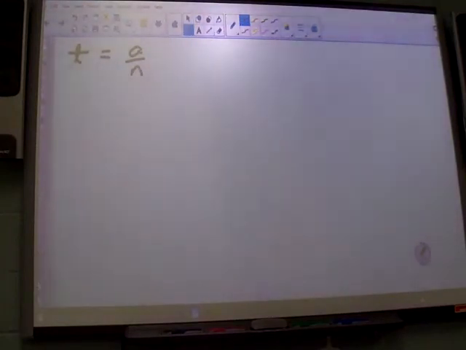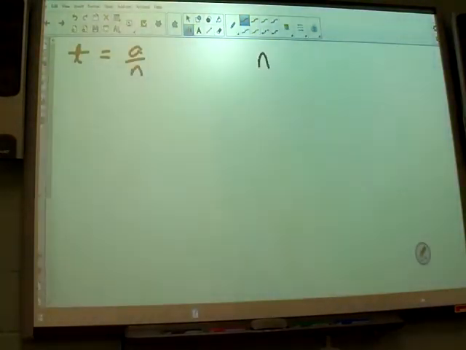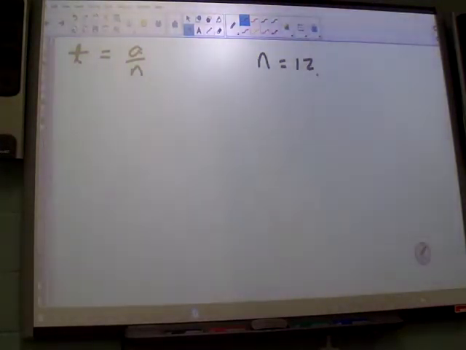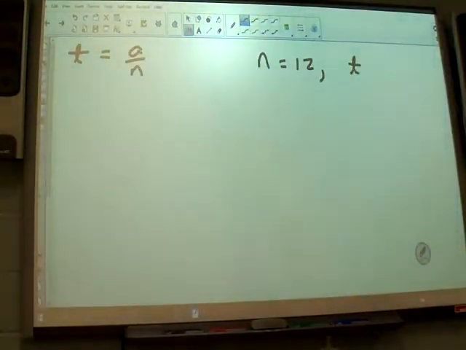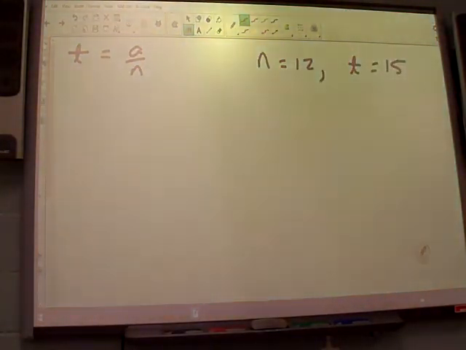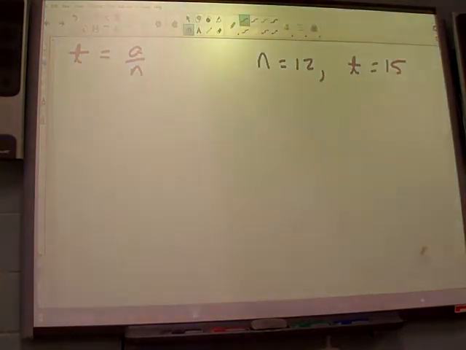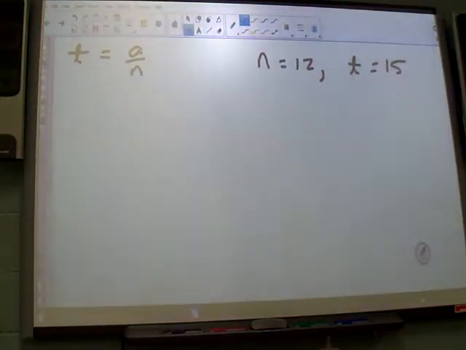It takes 12 workers, so that's an N, isn't it? Number of workers. It takes 12 workers, 15 hours, so that's T, to build the cabin. So part A, make a table.